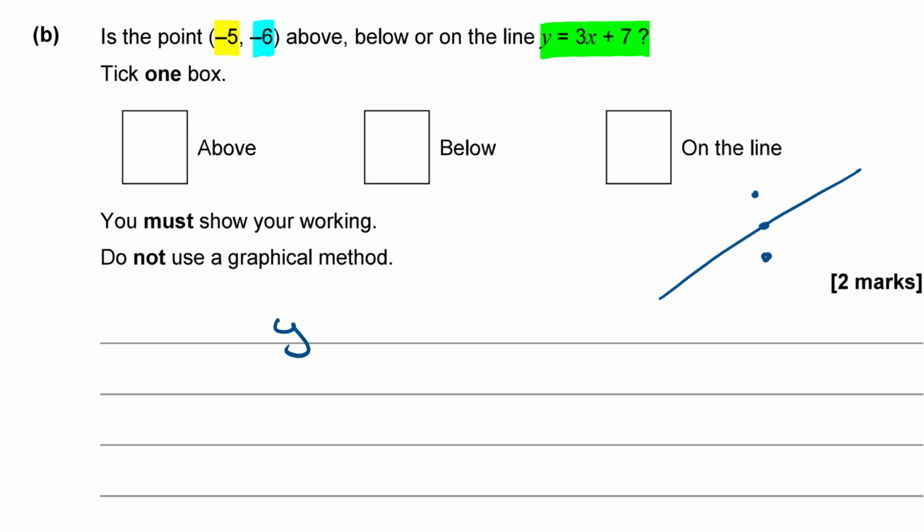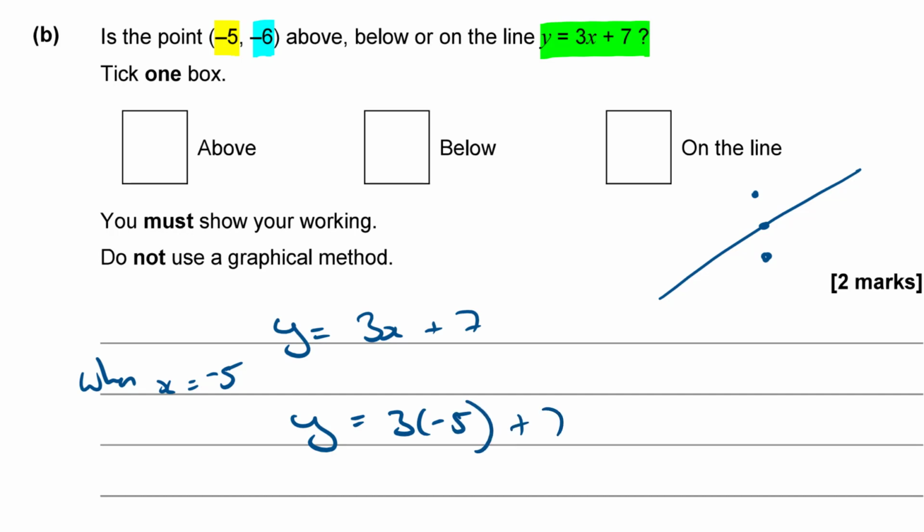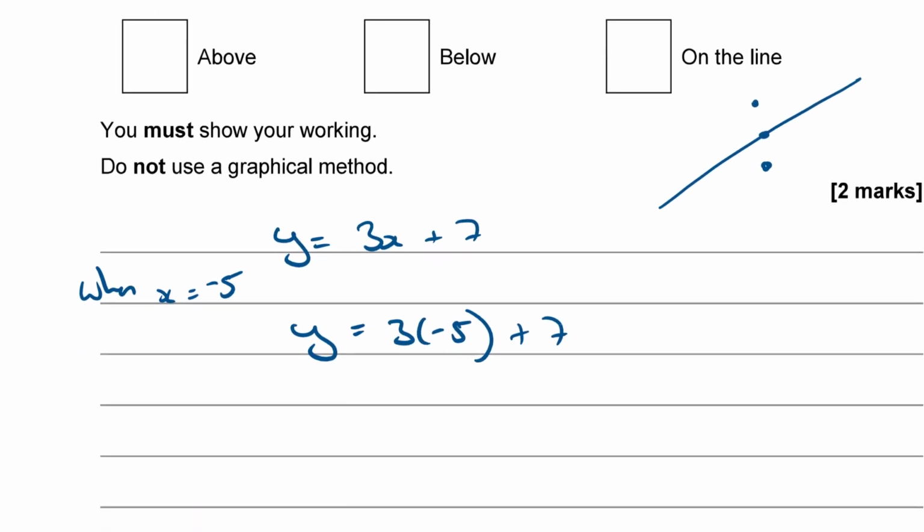So if y is equal to 3x plus 7, when x equals minus 5, that gives me y equal to 3 lots of minus 5 plus 7. So 3 lots of minus 5 is minus 15.